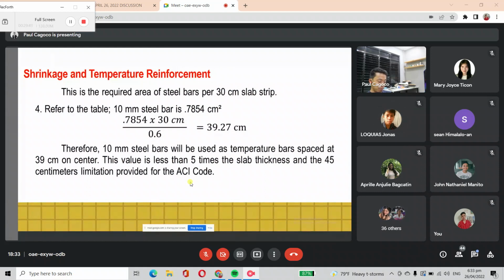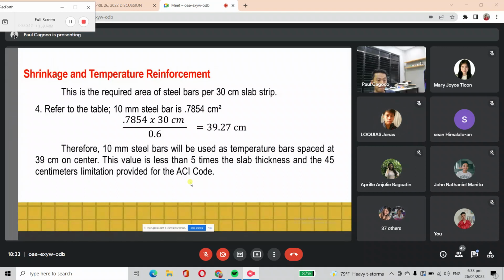Sir, posible ba nga mapalabihan o kadaghan ang bar? Unsay palabihan o kadaghan? Nga maximum niya?